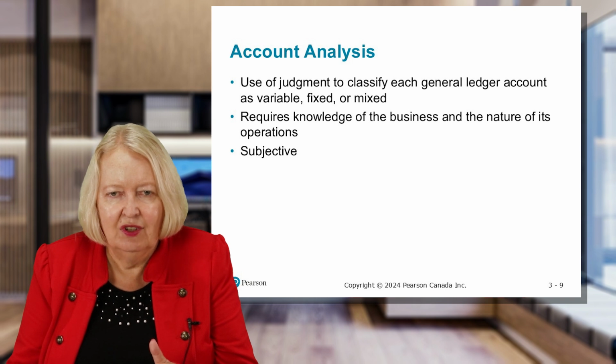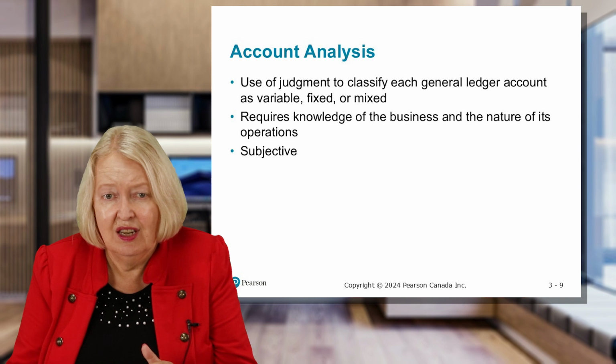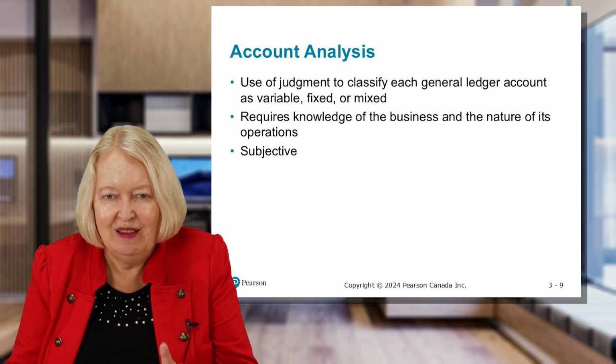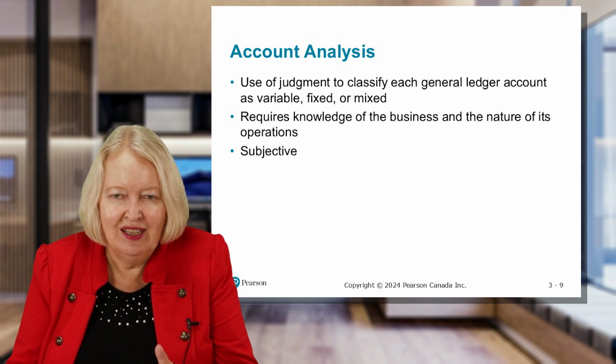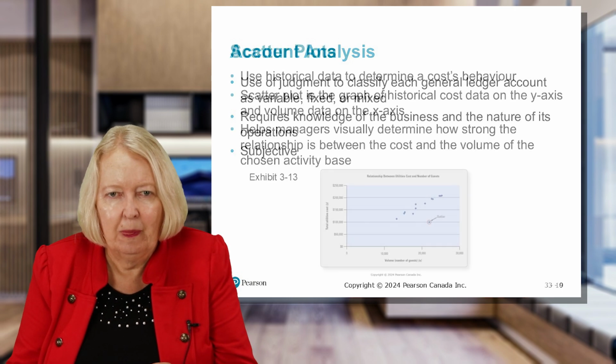And this requires a pretty in-depth knowledge of the business and the nature of its operations. It can also be a bit subjective because you could have 2 people looking at the same transactions in their accounts and come to different conclusions as to variable, fixed, and mixed. Particularly the mixed, that one is a little bit trickier.